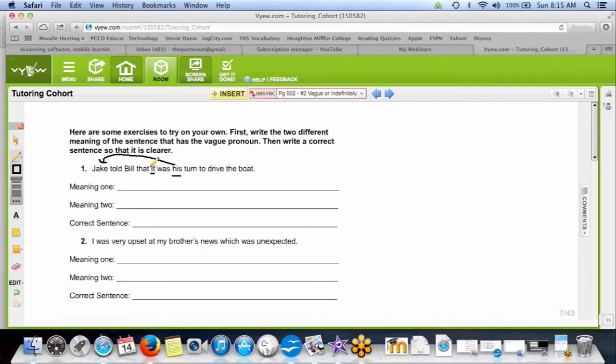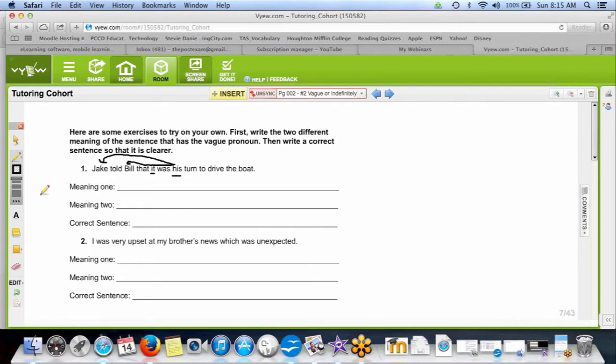There's Jake. There's Bill. Right? And so since I have two males, I don't know if Jake is telling Bill that it's Bill's turn to drive the boat. I don't know if Jake's telling Bill that it's Jake's himself turn to drive the boat. So whose turn is it to drive the boat?